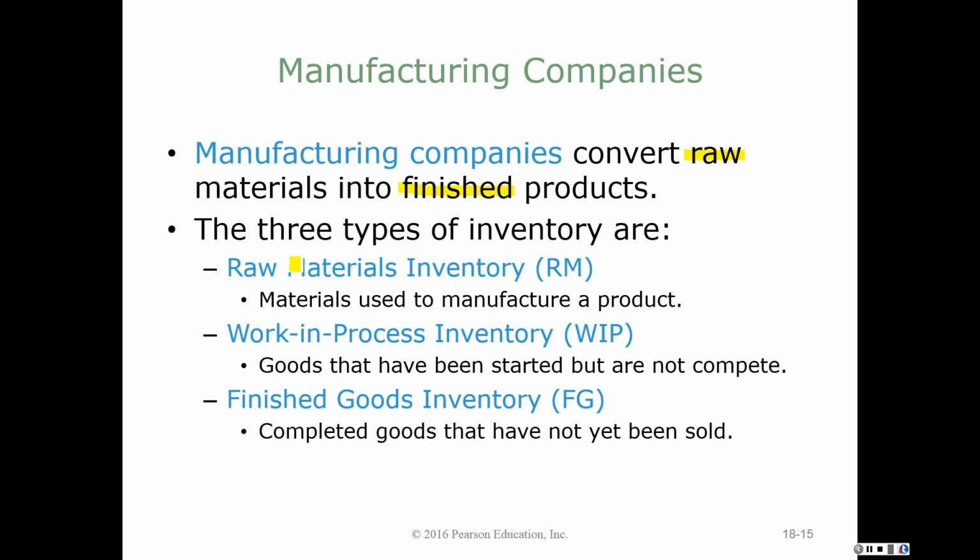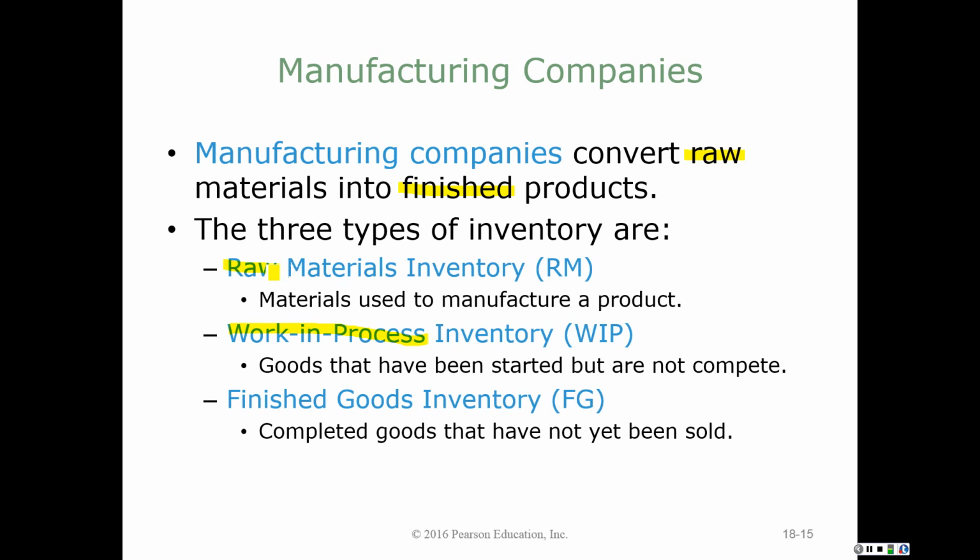First of all, we purchase raw materials, and these raw materials are the lumber or the aluminum or the glass or the fabric, whatever it is that we need to manufacture our product. And then we begin to add to that raw material. We begin the conversion process into work in process.